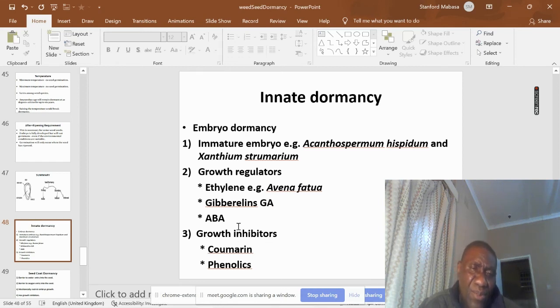Or it could be external growth inhibitors, or they could be internal. But these are not hormonal, or they are not growth regulators. Things like coumarin and phenolics. This is under embryo dormancy.